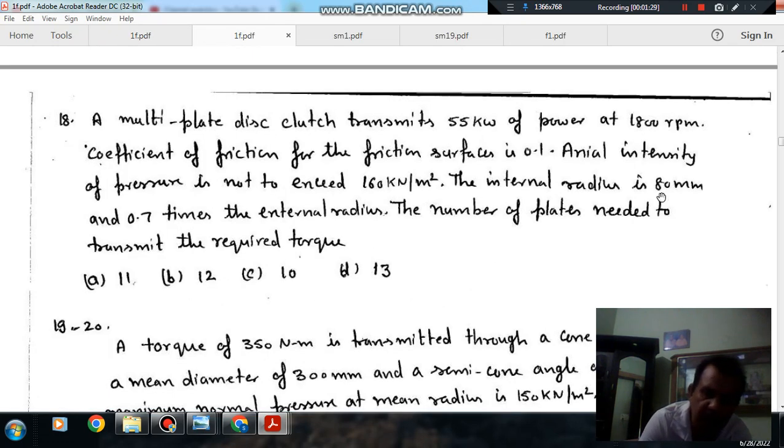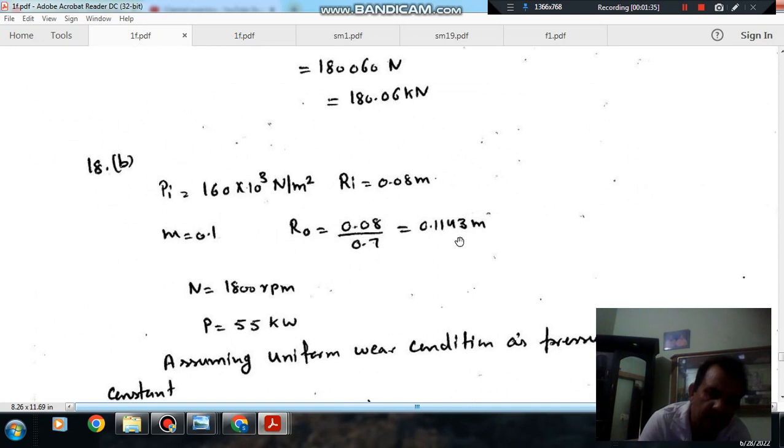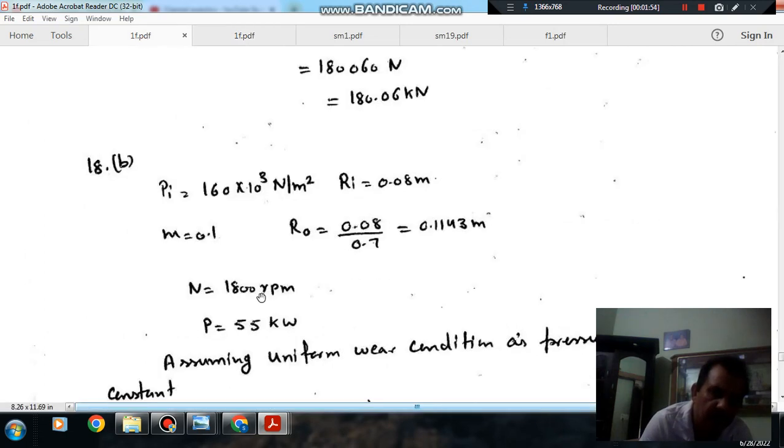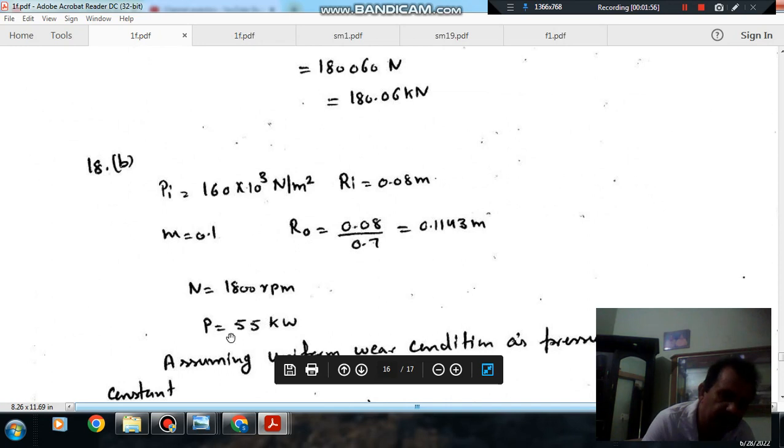From this we can find the external radius: 0.08 divided by 0.7 is 0.1143 meters. The coefficient of friction is 0.1, and the power transmitted is 55 kilowatt at 1800 rpm.